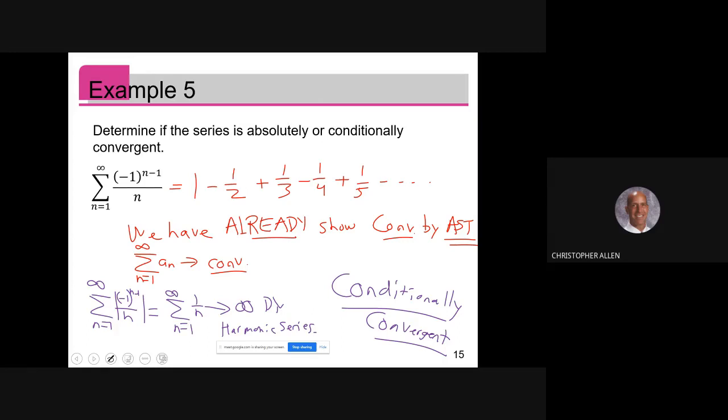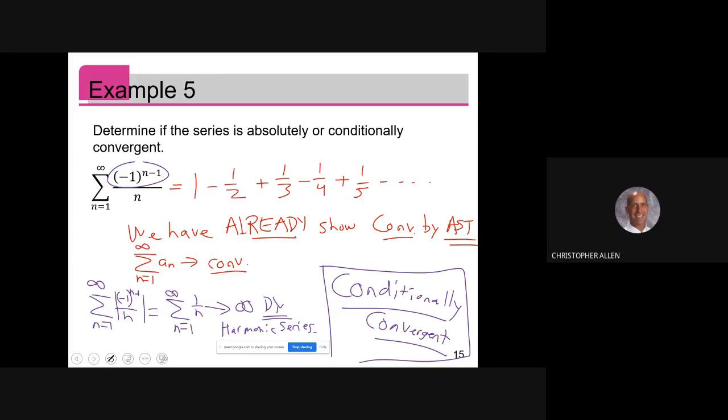This particular series, if I take the absolute value, which gets rid of the alternator, diverges. But if I leave the alternator alone, we saw earlier today that it did converge. We call that conditionally convergent. It converges only in the case where we don't get rid of that alternator. If that alternator is gone, like down here, divergent.